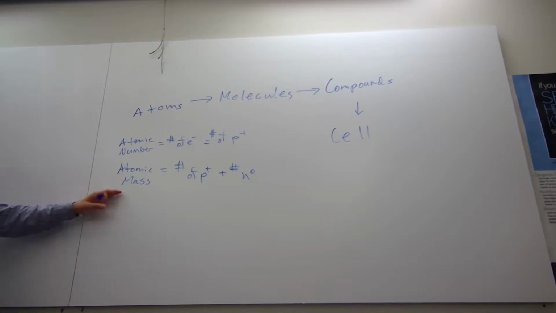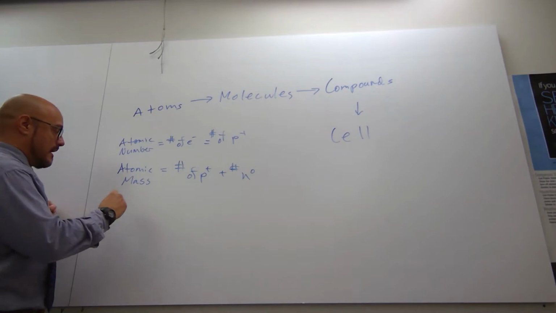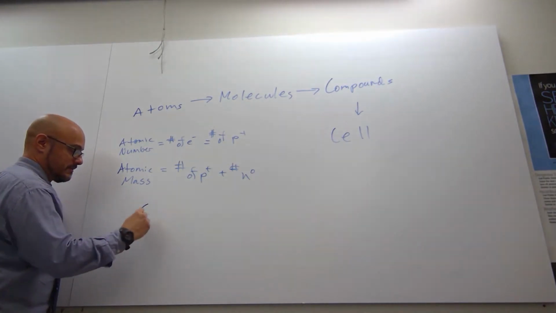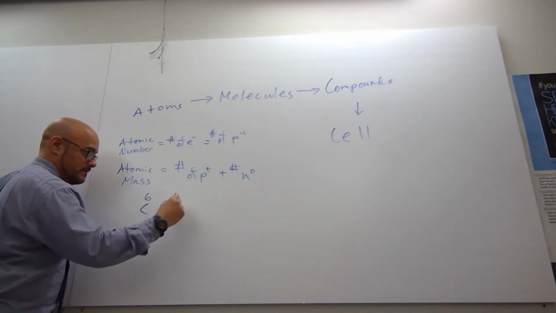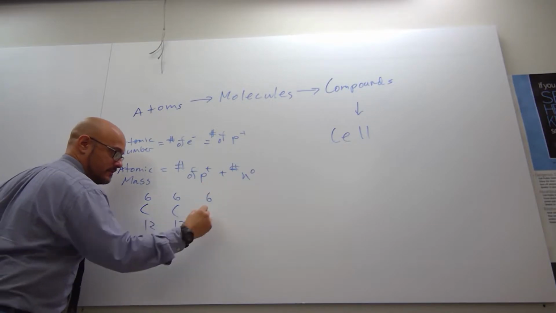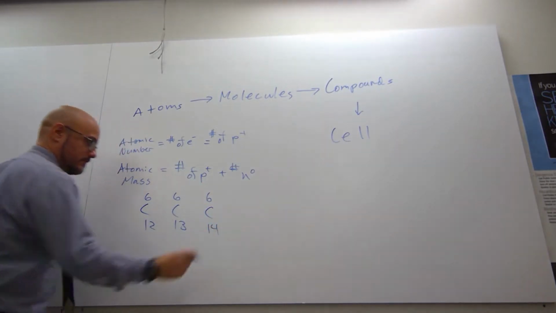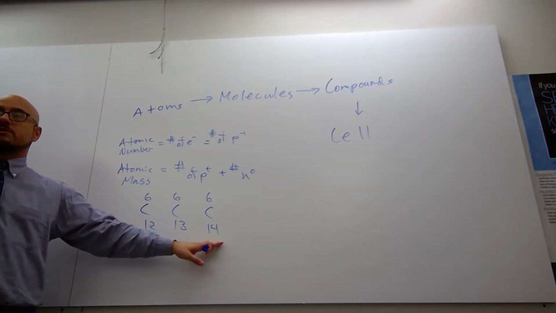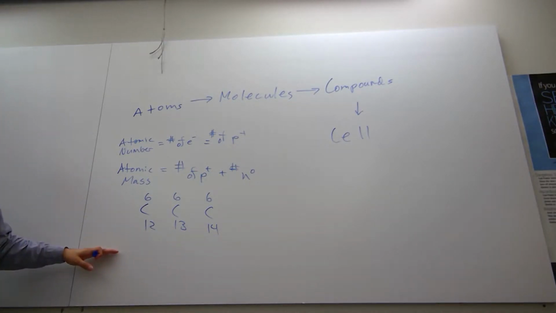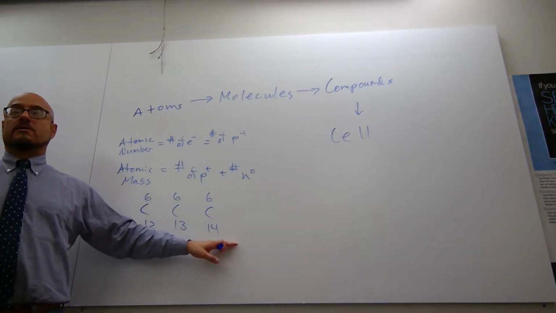In the case of carbon, luckily enough, carbon can be carbon 12, 13, or 14. Carbon is isotopic.